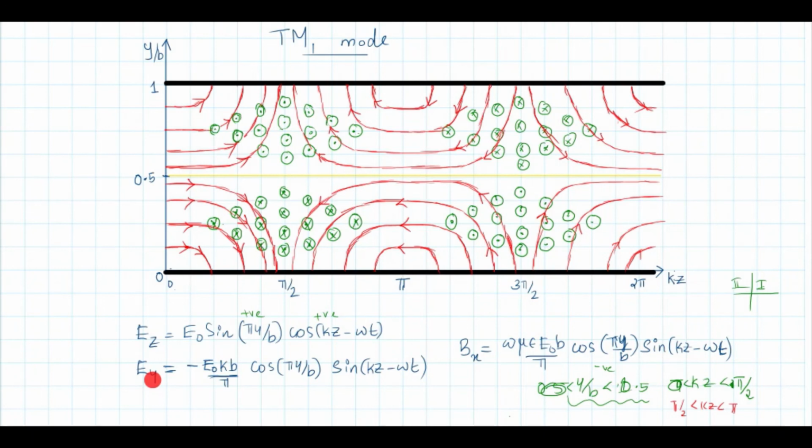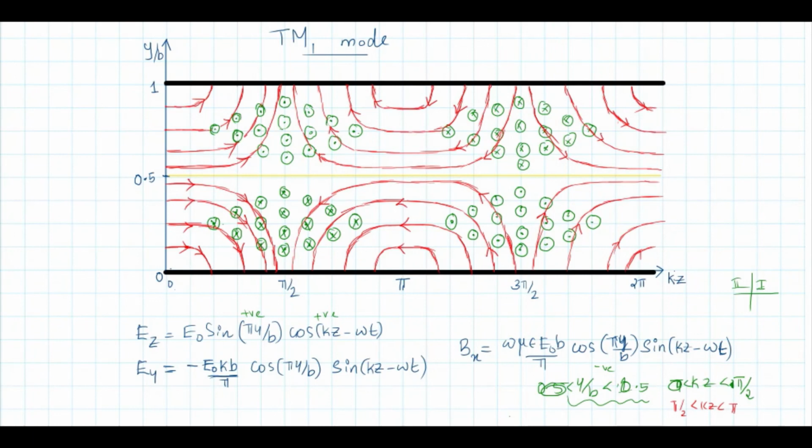I will explain the case with Ey. Ey is minus E0 kb divided by pi, cos(pi y by b) sin(kz minus omega t). For y by b from 0 to 0.5, this cos is angle between 0 to pi by 2, that is positive, the first quadrant. Between 0 and pi by 2, this sign is positive.